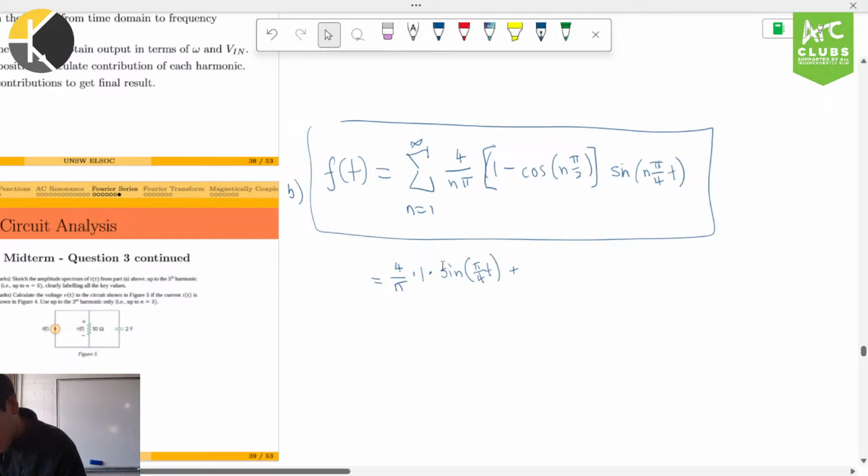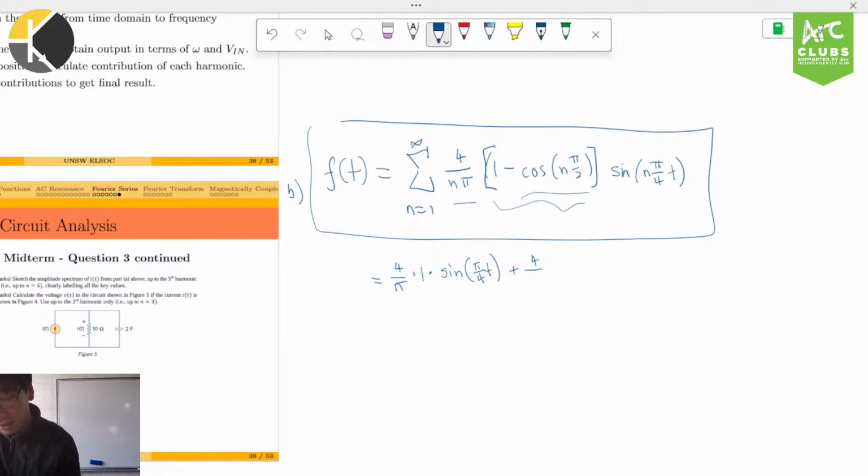Cool. Multiply by 1, and then that is multiplied by sine pi on 4t. And we're going to keep going. So this is now 2 on pi here. But then we have, this is actually negative 1, so this is also going to be a 2. 2 times 2 equals 4. We have 4 on pi again. Sine of pi on 2t, sorry. And we're going to get rid of this n, because n is 2 in this case.